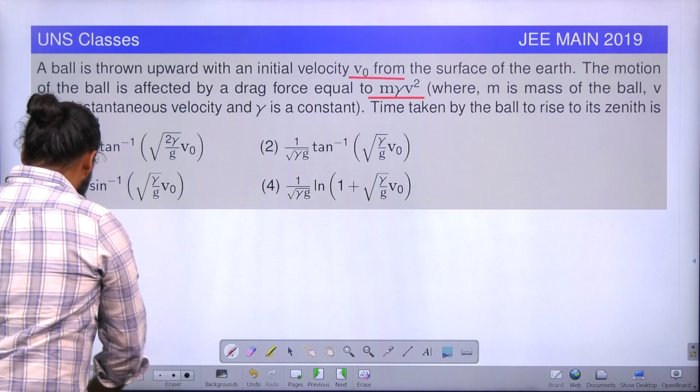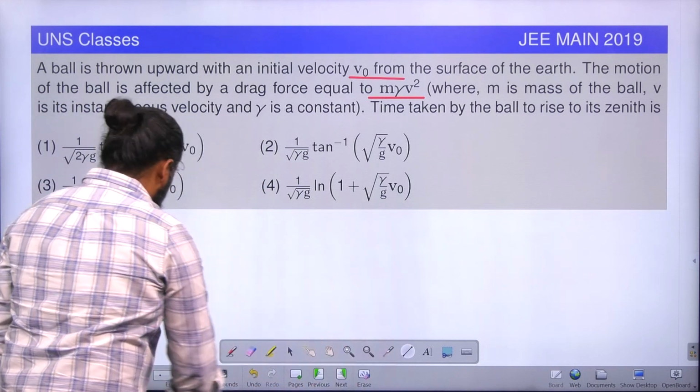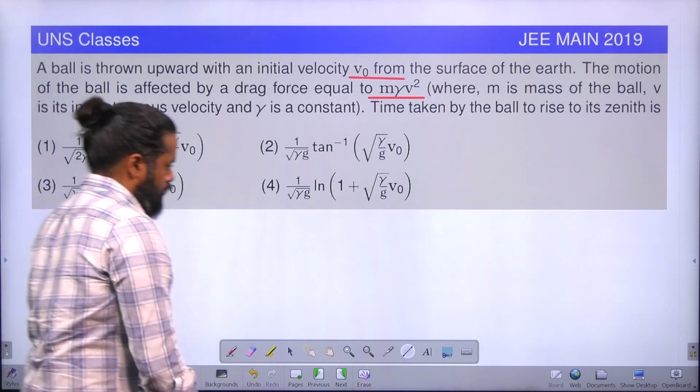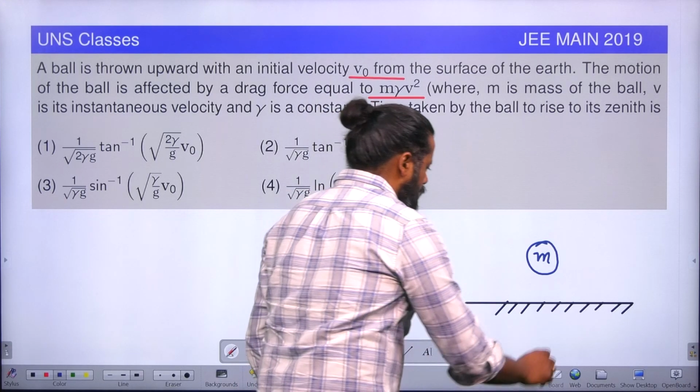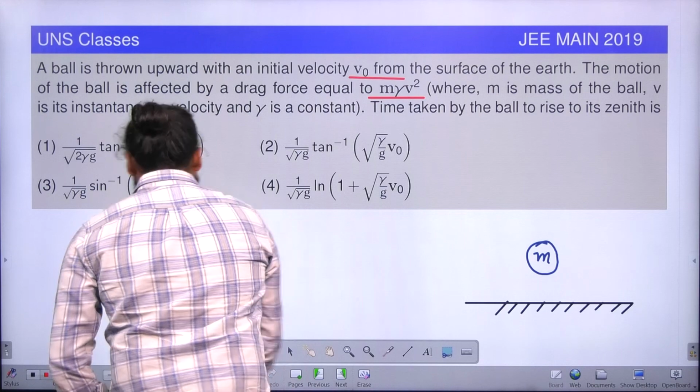Look here. Here it is given that a ball is projected in the upward direction. So assume that here we are projecting a ball in the upward direction. Now, you know that when you are throwing a ball in the upward direction, see which forces are acting on it. If the mass of the ball is m, there will be a downward gravitational force.